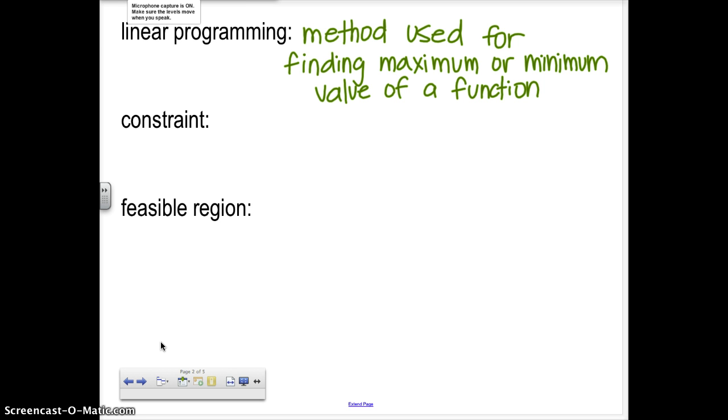So one constraint is one of the inequalities in our system. We often look at a set of constraints, or a system of constraints, where we have more than one.